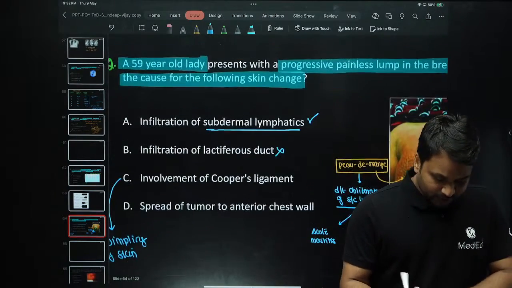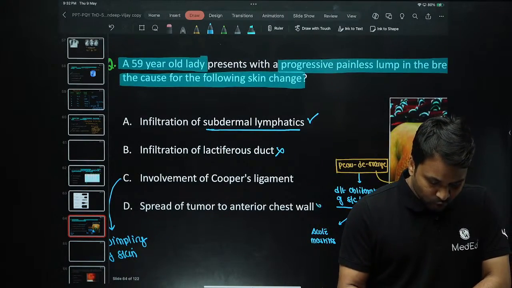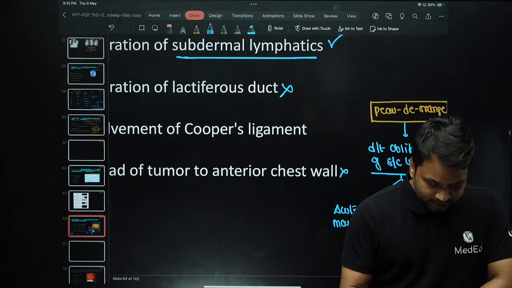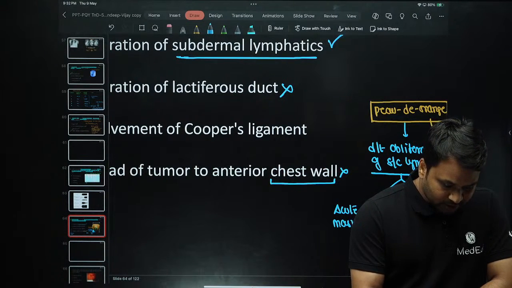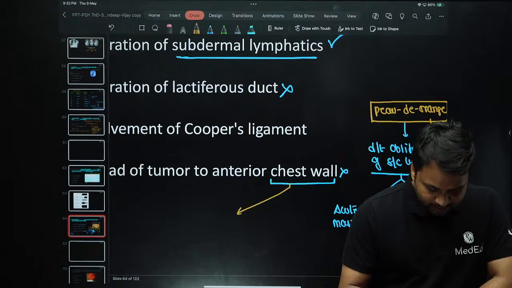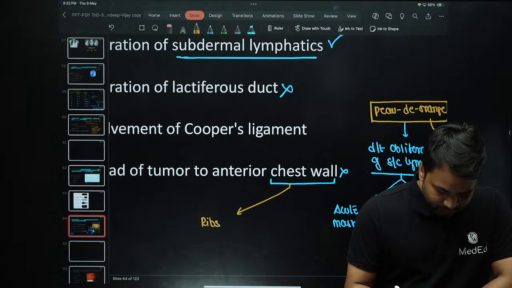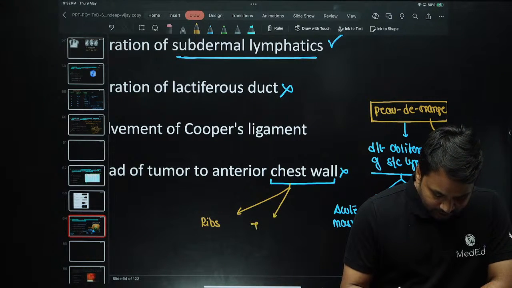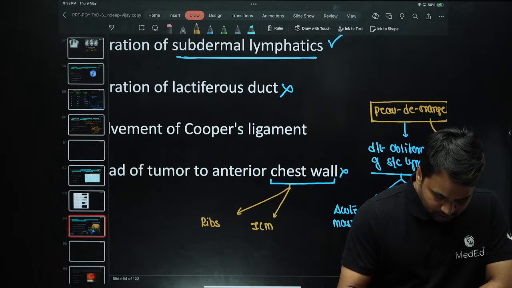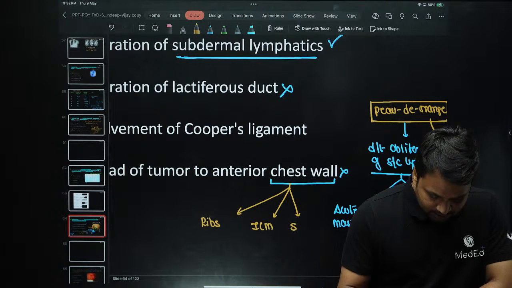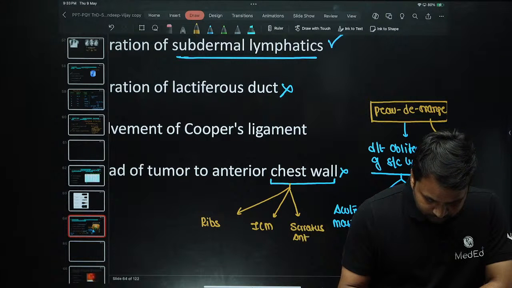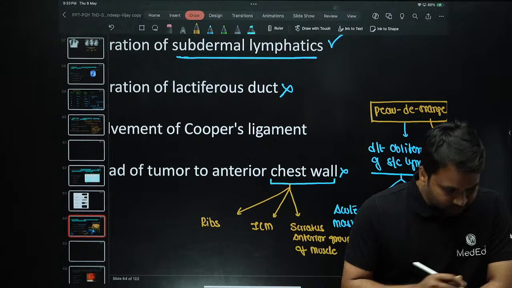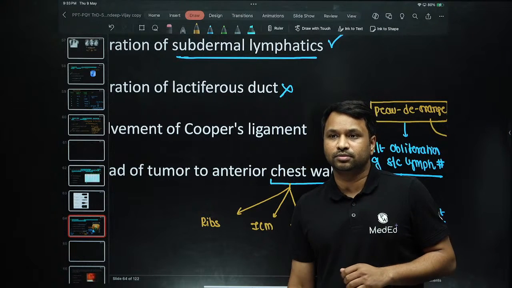Now, the spread of the tumor to the anterior chest wall, again, no. Remember, when you talk about the chest wall, it is made up of ribs, the intercostal muscles and the serratus anterior group of muscle.